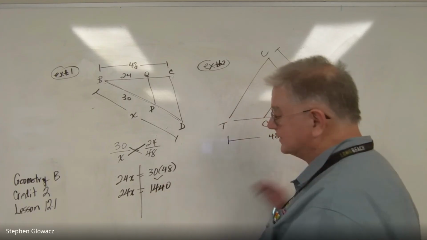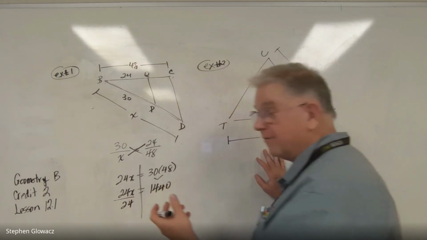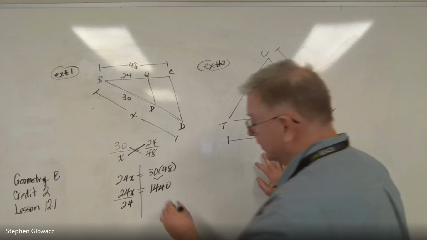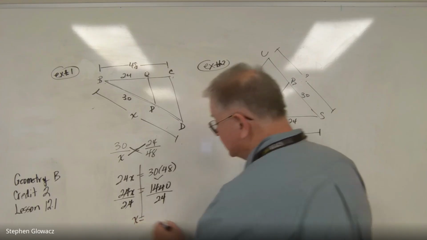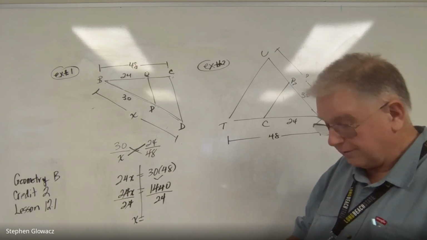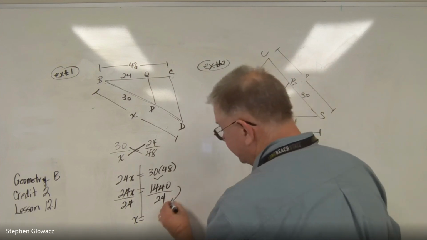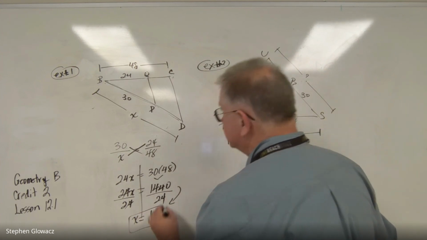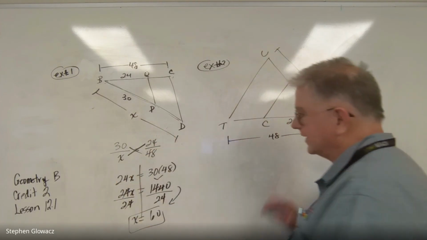And then our last step, x is being multiplied by 24, so we're going to do the inverse, or think about what undoes multiplication, which is division, and we're going to divide 24 to both sides. Our final answer, we divide 1,440 by 24, and we get 60. And so the length of our missing side right here, for this side for the big triangle, is 60.